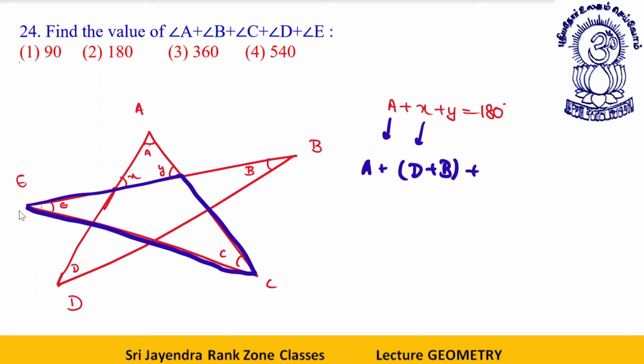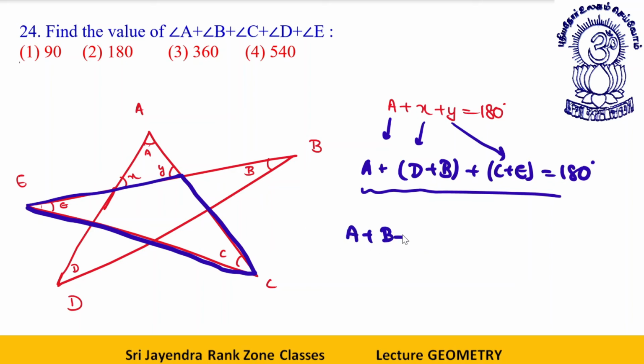So this Y will be written as C plus E. You have got the answer very easily. A plus B plus C plus D plus E is equal to 180 degree, and I'm sure this must be clear to all of you.